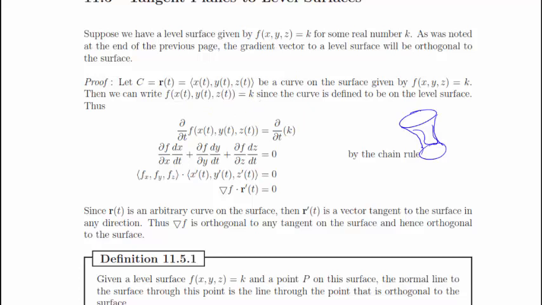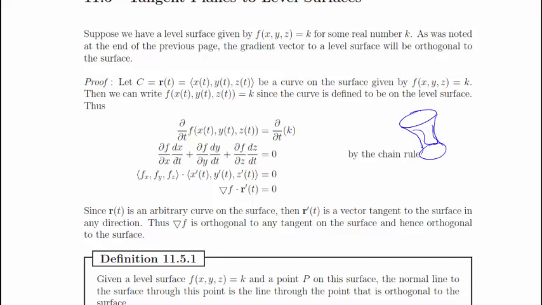So we can take the derivative with respect to t of our function when we have x of t, y of t, z of t plugged in, and we take the derivative of both sides. The derivative of k is 0. For f of x of t, y of t, z of t, we use the chain rule and get the partial of f with respect to x times dx dt plus partial of f with respect to y times dy dt plus partial of f with respect to z times dz dt, and this equals 0 since k is not changing.